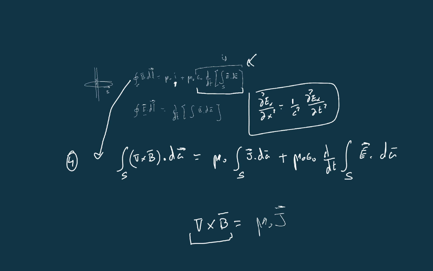It will be the sum of the vector field mu sub 0 multiplied by J, the density of current per unit of area, plus mu sub 0 times epsilon sub 0 times the derivative.